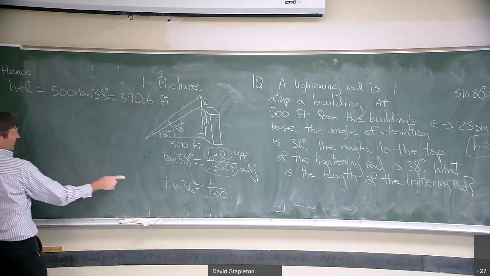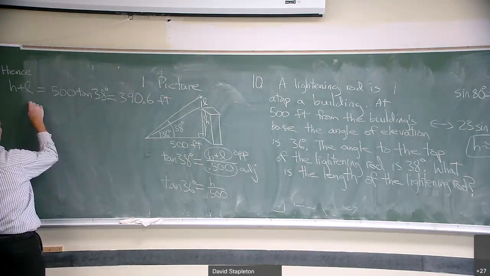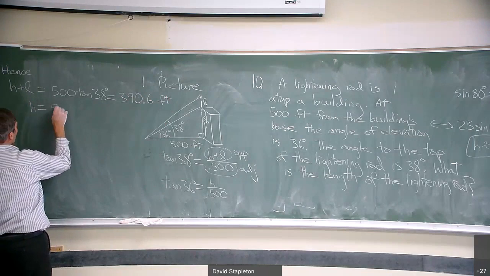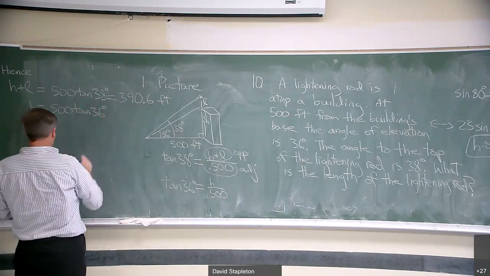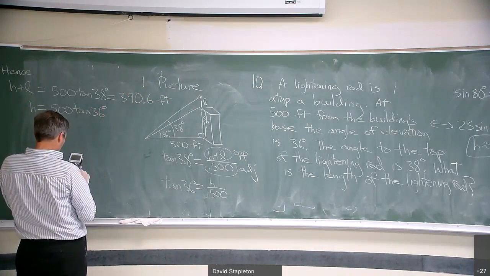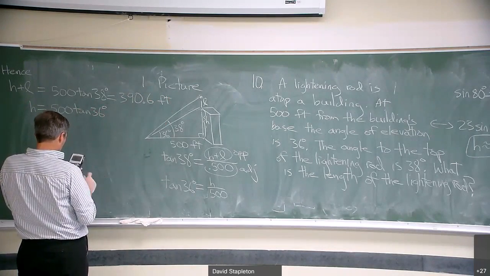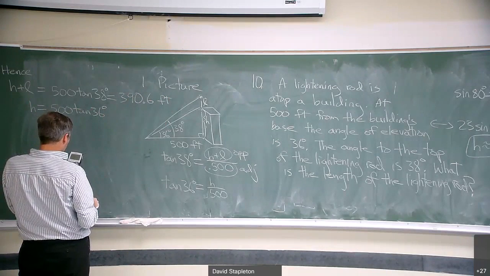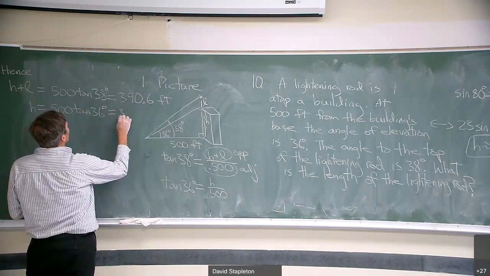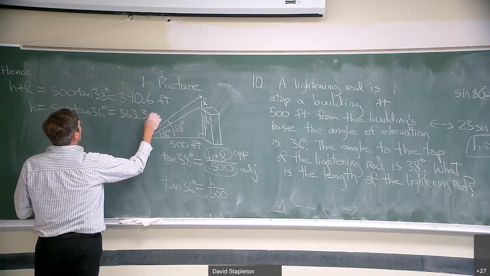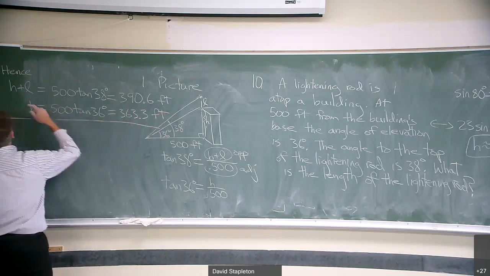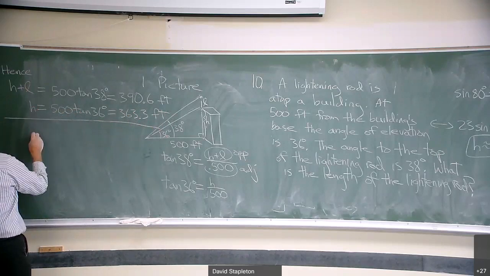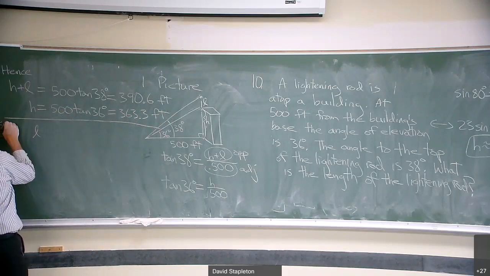And then we'll say from the second one, multiplying through by 500, h is equal to 500 tangent 36 degrees. Now I get 363.3. If I subtract these, h plus L minus h gives me L on the left.